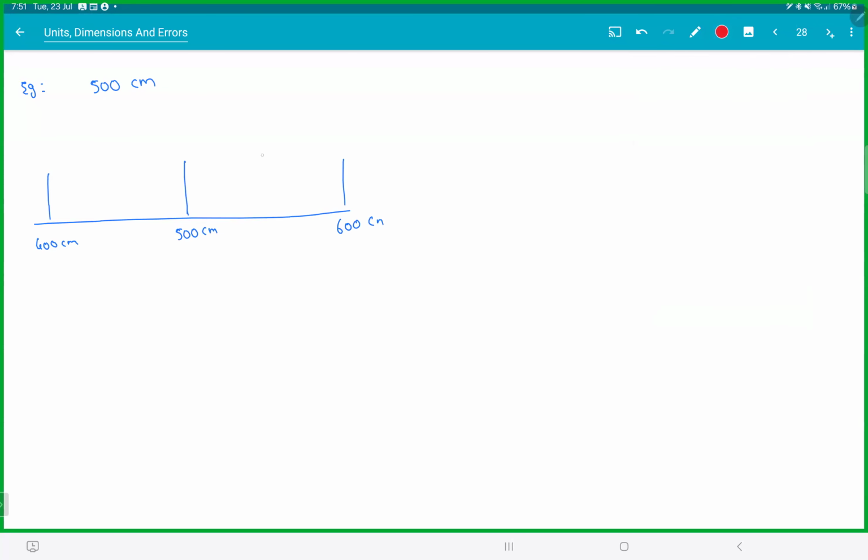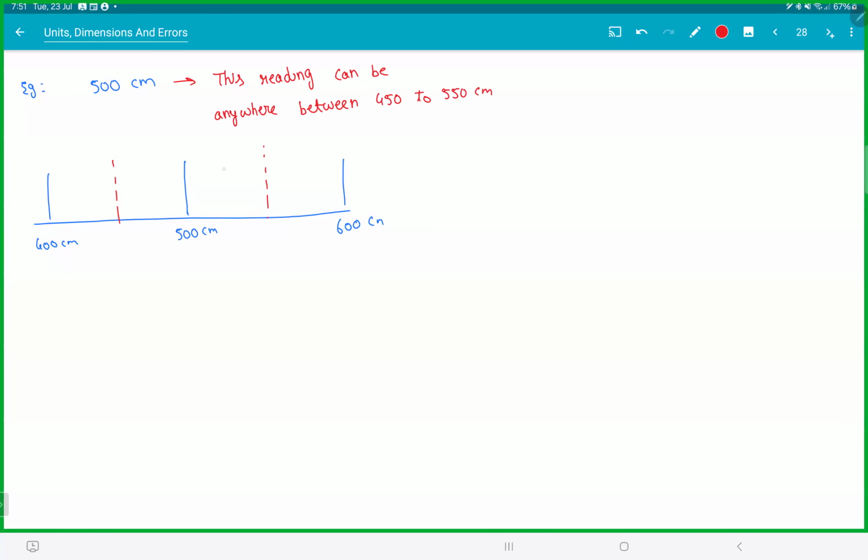That means, just like I told you how machines detect anything, this reading can be anywhere between 450 to 550 centimeters, isn't it?